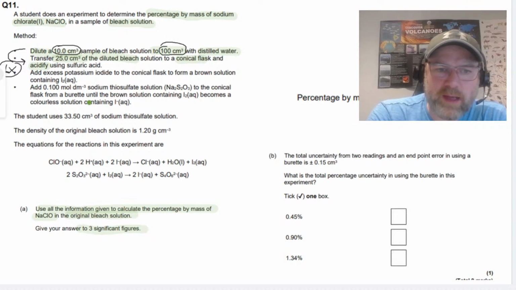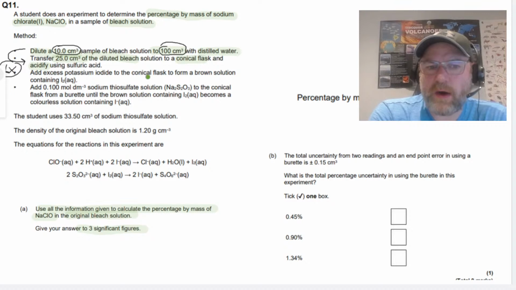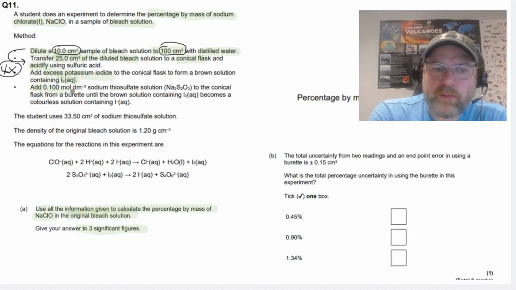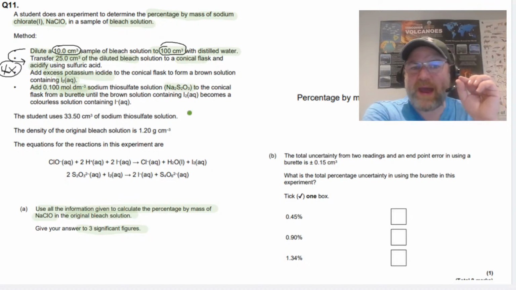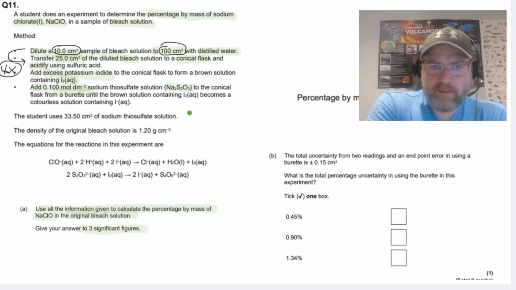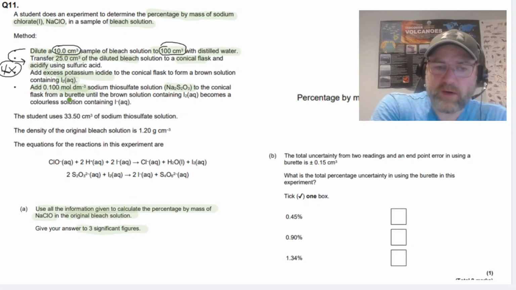Right, going on here, add excess potassium iodide to the conical flask to form a brown solution. So we're adding excess potassium iodide, forming a brown solution containing iodine. Add 0.1 moles per decimeter cubed sodium thiosulfate, Na2S2O3, to the conical flask from a burette.